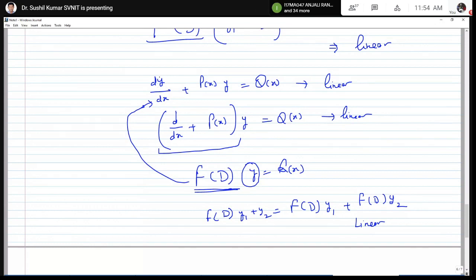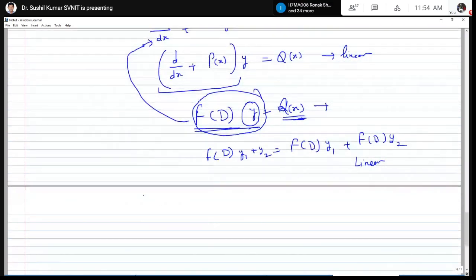Okay, so in this equation, to check the linearity of this equation, we have to check the linearity of this part only. This part will not have any effect on the linearity of this equation. You have to check the linearity of this part only. Okay, so I'll replace this y as alpha y1 plus beta y2.